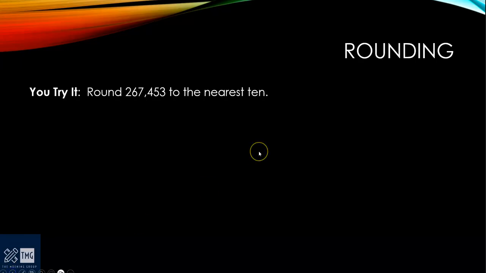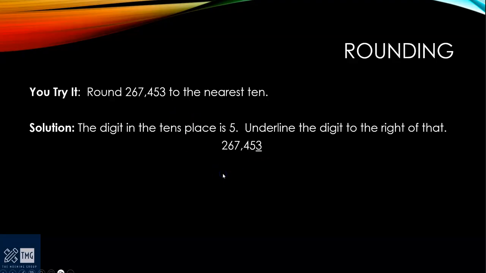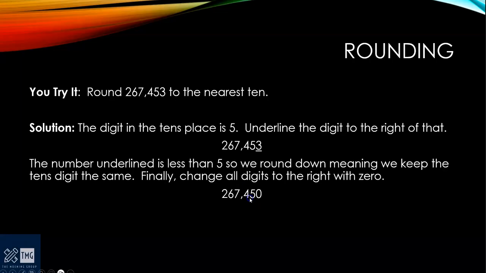Now you try this. Hit pause, try it, come back, and check out the answer. We're going to round 267,453 to the nearest 10. Try it on your own, come back and look at the answer. Okay. The digit in the tens place is the 5. So the digit directly to the right of that is 3. So we're going to underline the 3. 3 is less than 5.